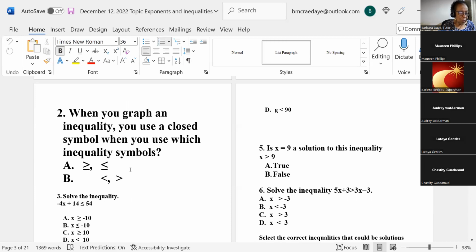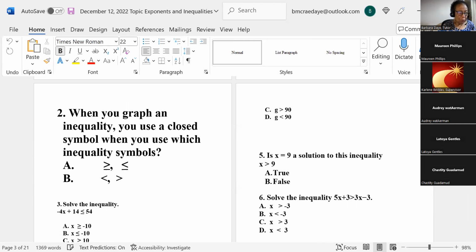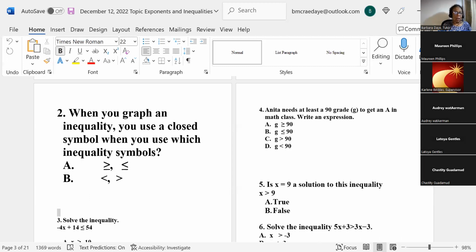When do you use which of these? Now, this is greater than or equal, less than or equal. B is less than or greater than. So A or B, which one of these do you use when you have a closed symbol? Closed symbol means it includes the number. So it's not just a greater than or less than, it includes the number.